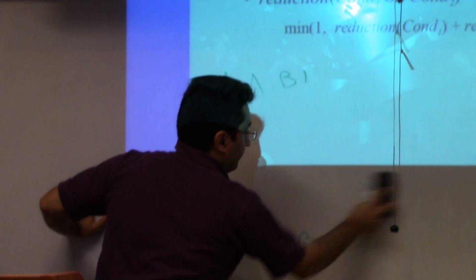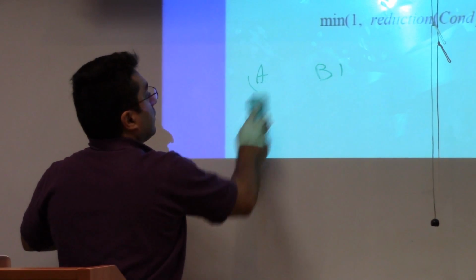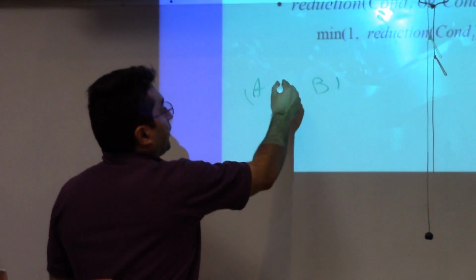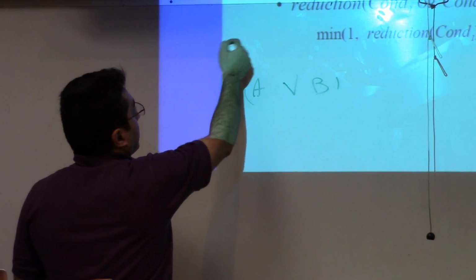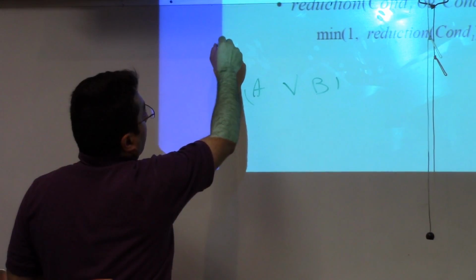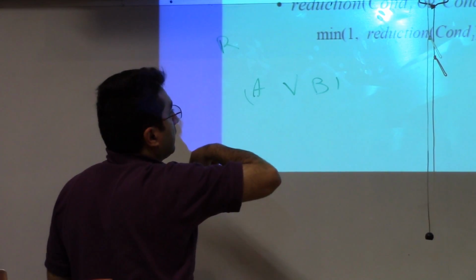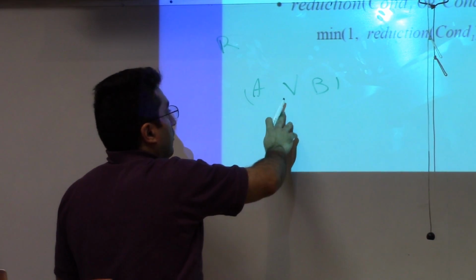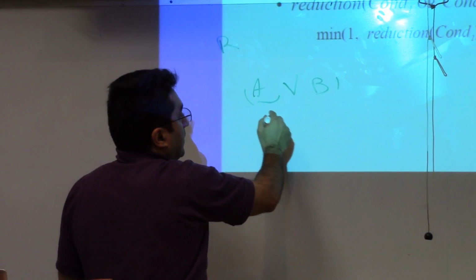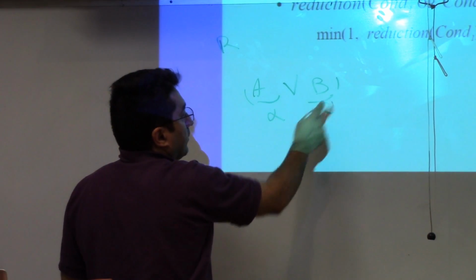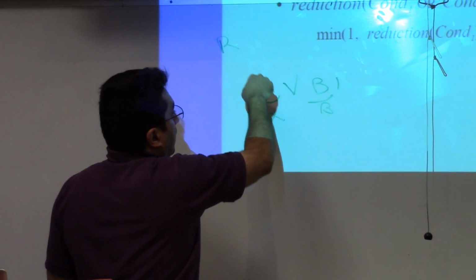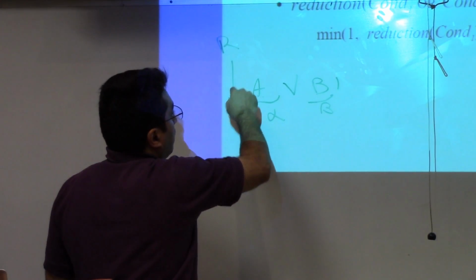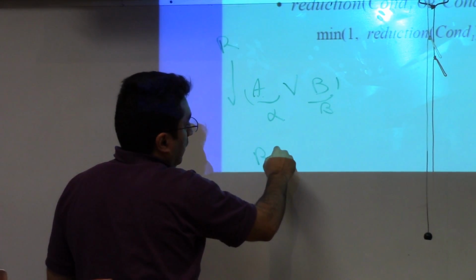Suppose that you have A or B. Okay? You have this table with size R. A has this alpha and B has this beta. You apply condition A once, how many records are left? R multiplied by alpha.